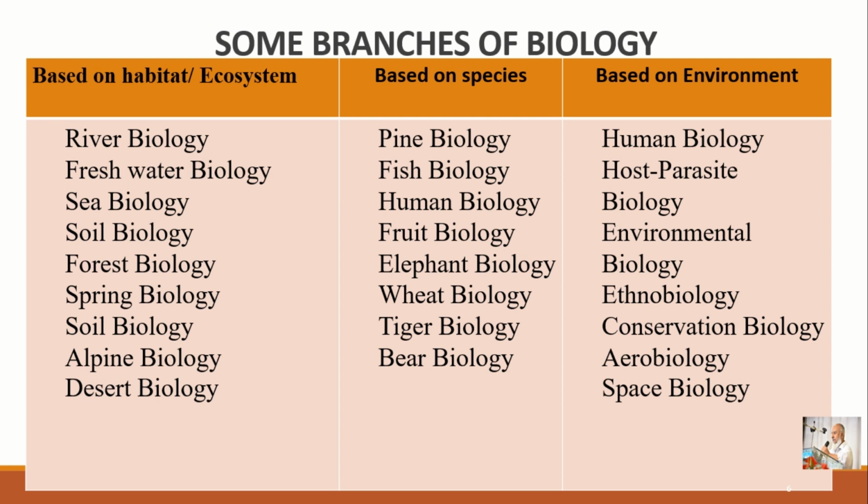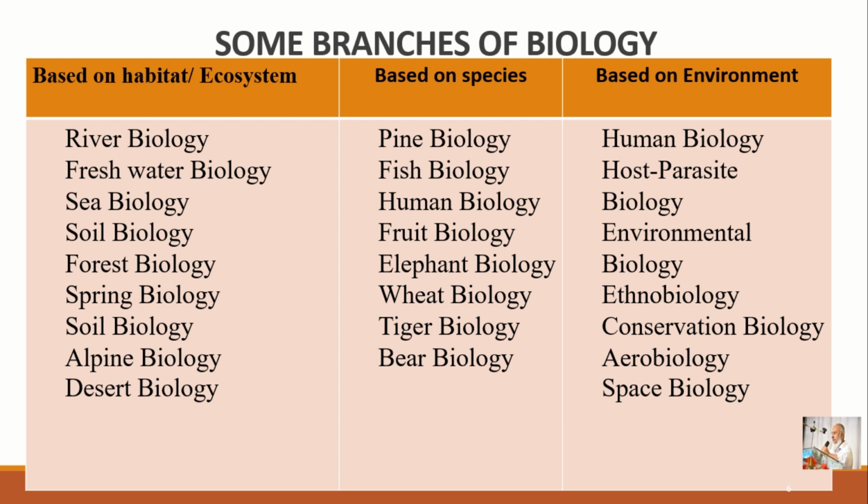Based on the ecosystem: river biology, freshwater biology, sea biology, forest biology, spring biology, soil biology, alpine biology, desert biology. Based on the species: pine biology, fish biology, human biology, wheat biology, tiger biology, bear biology. Based on the environment: human biology, host parasite biology, ethnobiology, conservation biology, aerobiology, space biology.